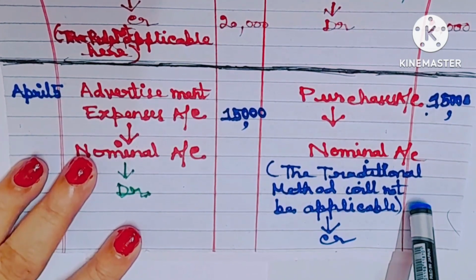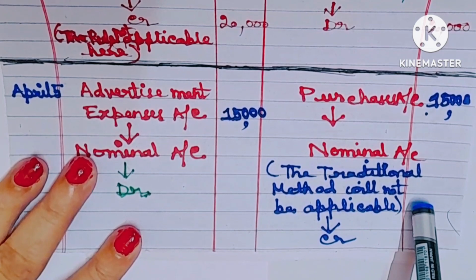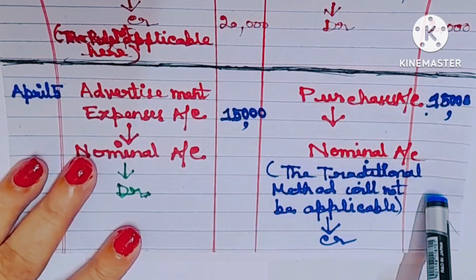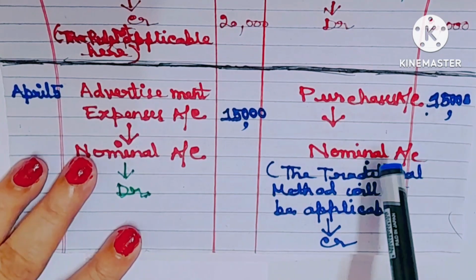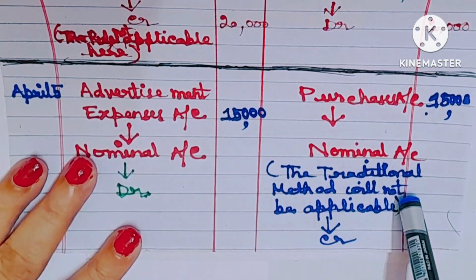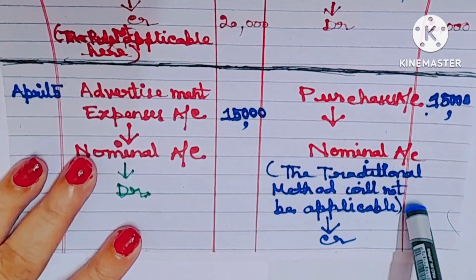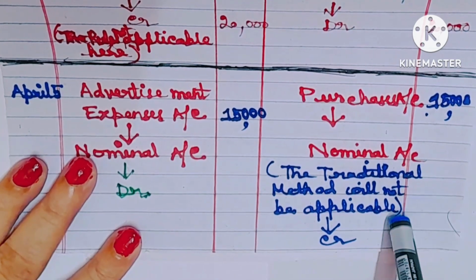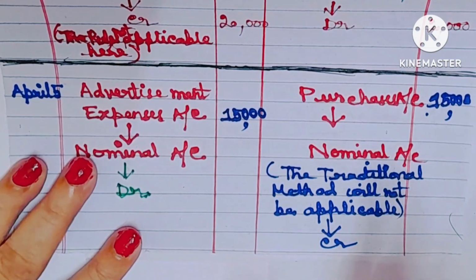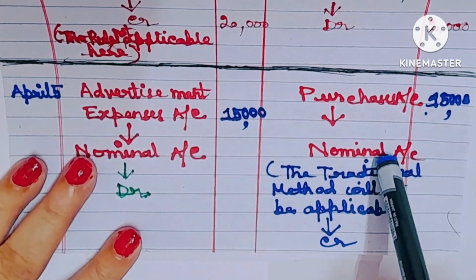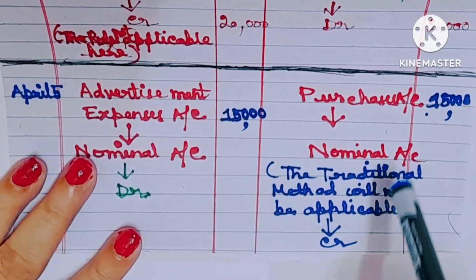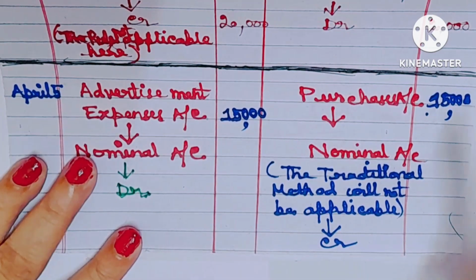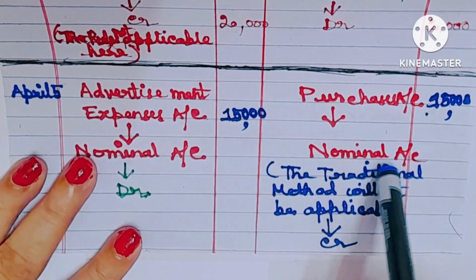Goods worth rupees 15,000 were distributed as free samples and goods were not purchased for the business. So you cannot debit purchases account. Here the traditional method or the 3 golden rules of accounting will not be applicable. You got to use your common sense. Here the main goal is to reduce rupees 15,000. So if we write purchases account 15,000 on the credit side, it automatically gets reduced or cancelled.